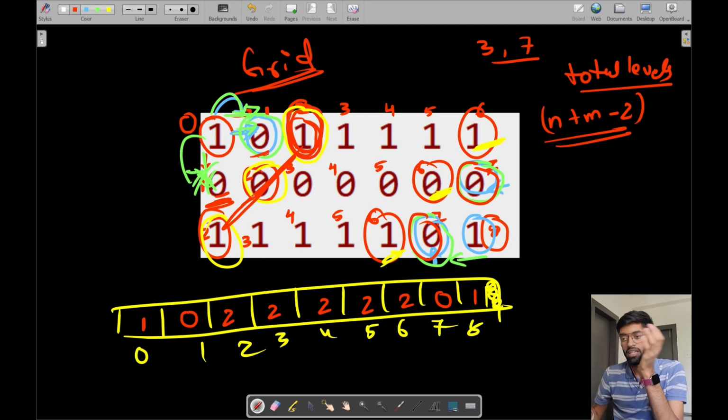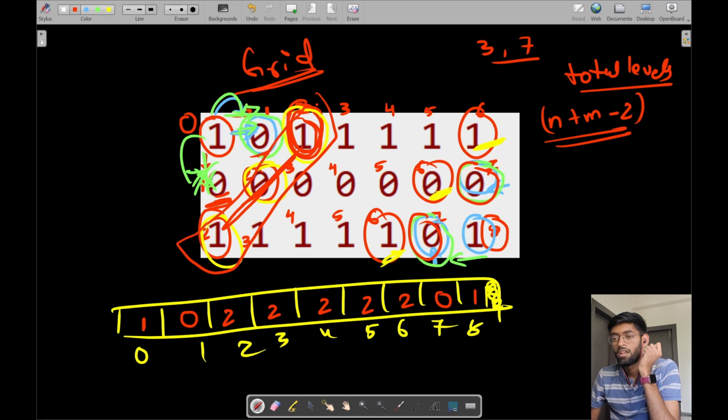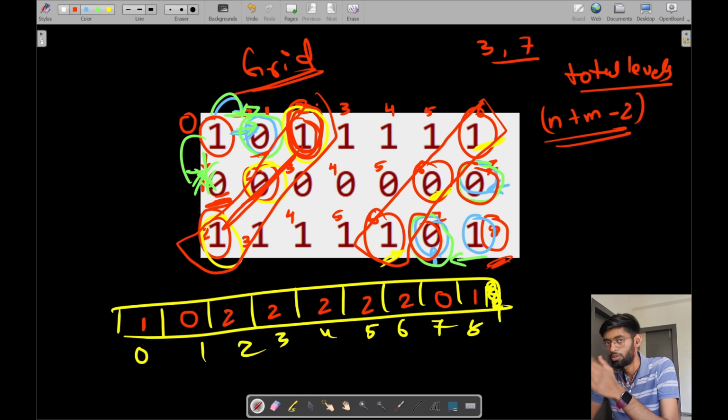Let me repeat again. All the elements present on level 2 on this side should be equal to the elements present on this side of level 2 from the end vertex. And then only we can say that all the paths which are possible will be palindromic in nature. Okay, so how to do it?